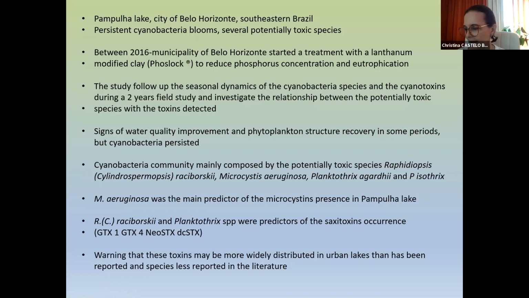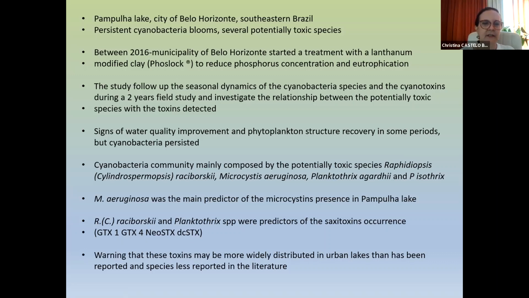Well, the research was in Pampulha Lake, in the city of Belo Horizonte, southeastern Brazil, with persistent cyanobacteria blooms, several potentially toxic species.